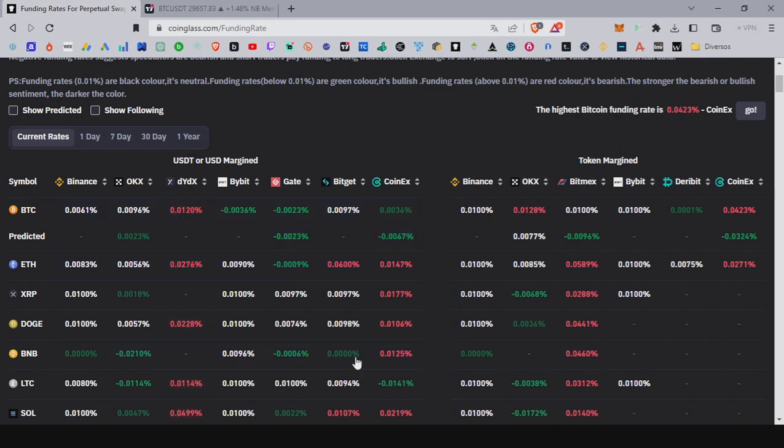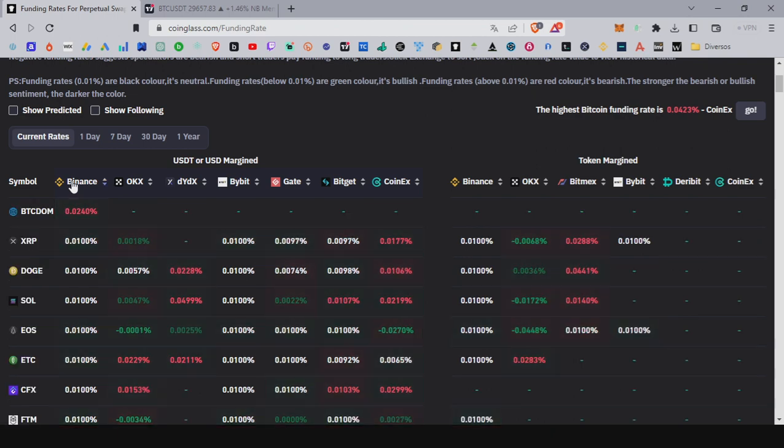But forget all of this. Let's sort this list from the biggest to the lowest, and we see BTC dominance here has a funding rate of 0.02, almost double the neutral. When we look at this, we might think BTC dominance might go down in order to liquidate all of these guys.